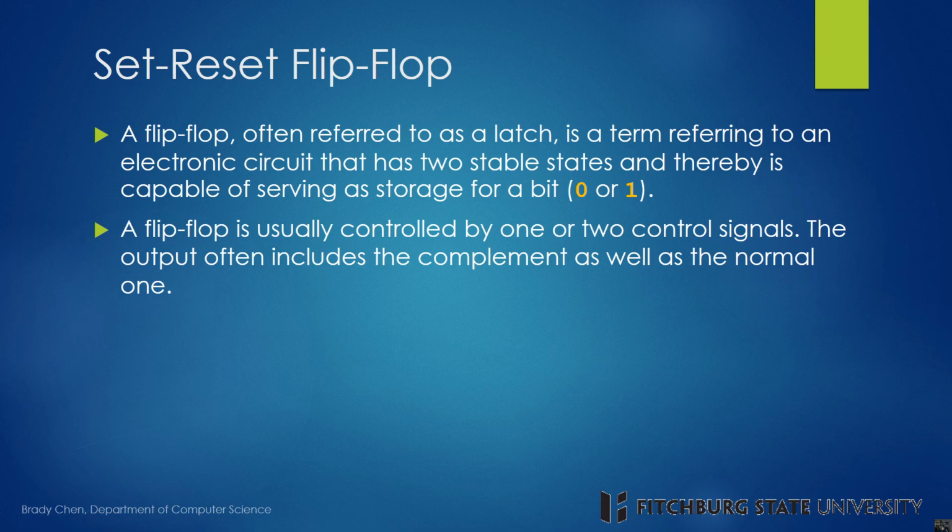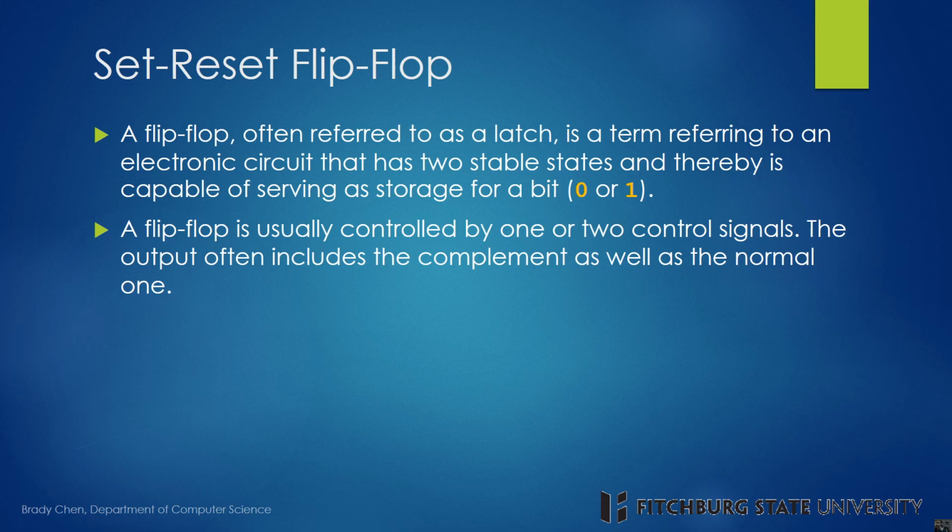So let's talk about a special electronic circuit. It's called a flip-flop, and often referred to as a latch. A flip-flop has 2 stable states, and thereby we can use the flip-flop to serve as storage for a bit, so you can store either 0 or 1.